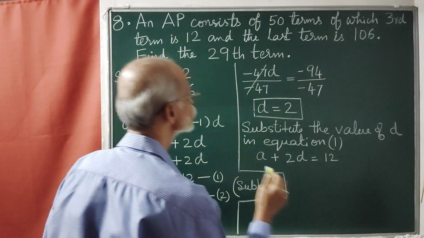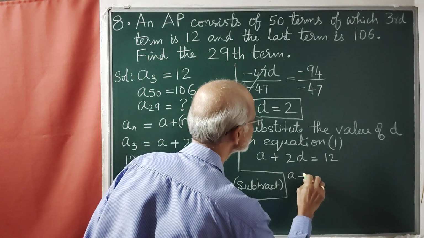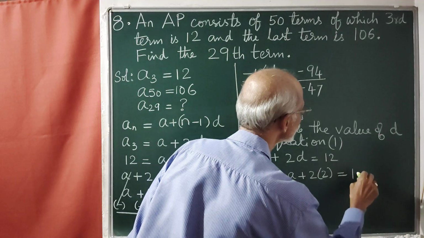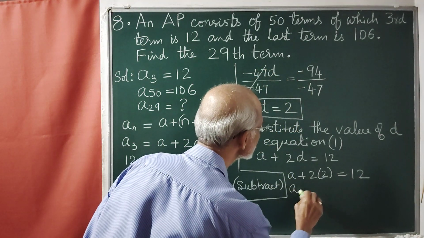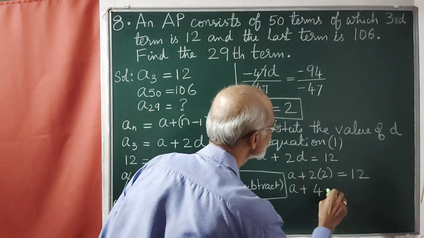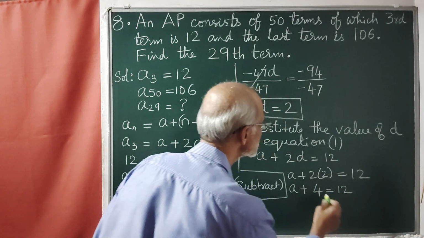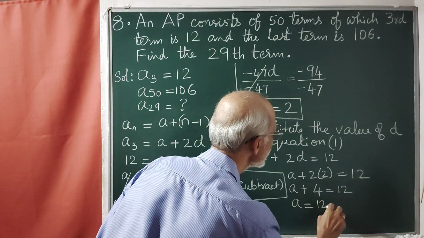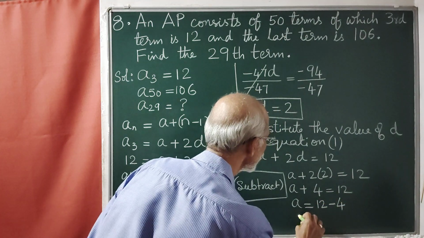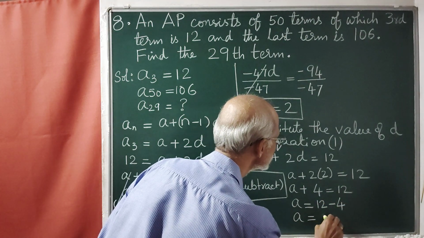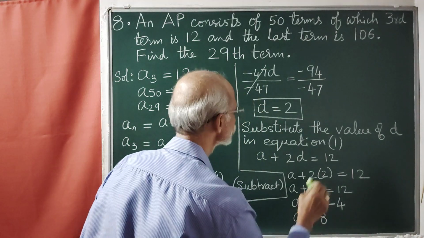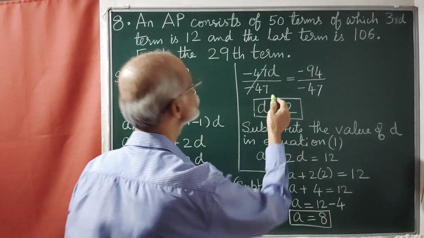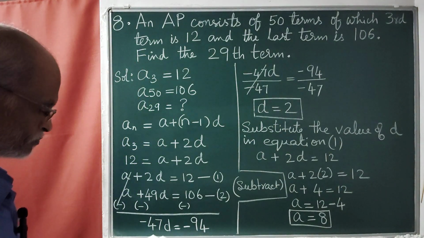So in that D is 2. So A plus 2 into 2 equal to 12. A plus 4 equal to 12. Transpose 4 to the right side. A will be equal to 12 minus 4. So A will be equal to 8. So we got the value of A as 8. D is 2, A is 8.